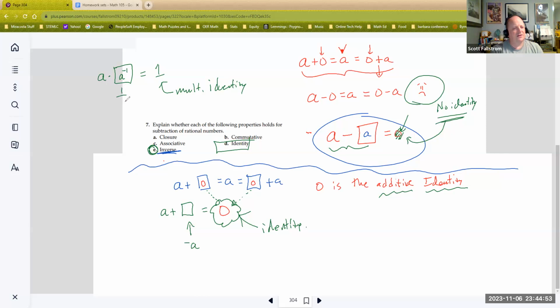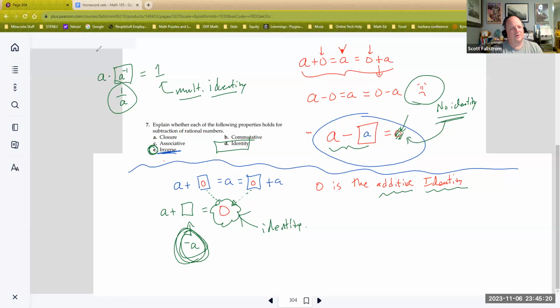You may think of it as 1 over a, but instead of the opposite, we often refer to this as the reciprocal. The reciprocal is a slang word that means multiplicative inverse, whereas the opposite is the slang term that means the additive inverse. So multiplicative inverse up here, additive inverse down here.